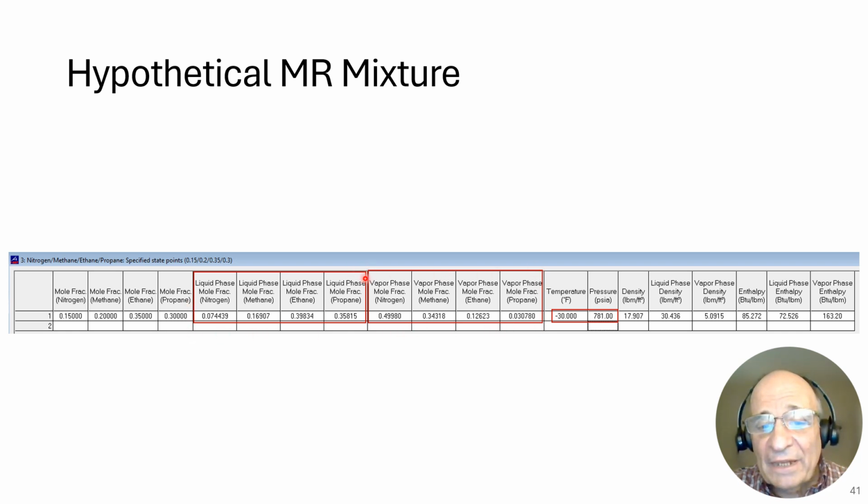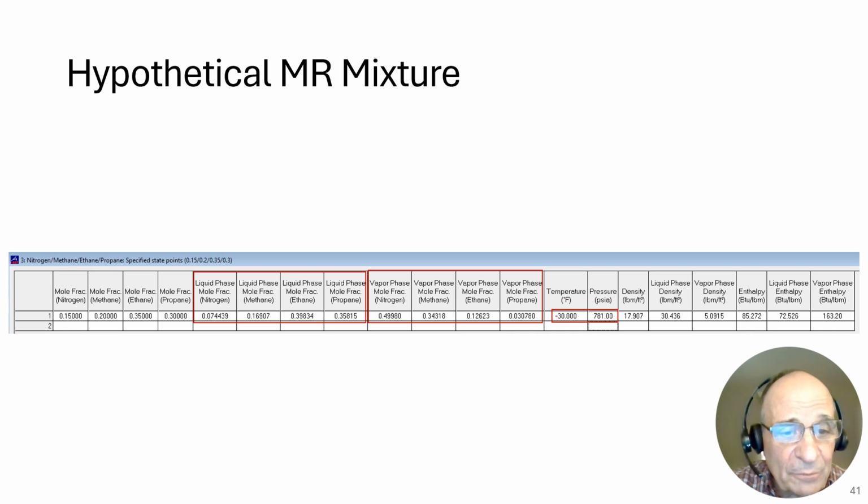And what would we expect? In the vapor phase, we'd expect a higher percentage of the more volatile components. What are the more volatile components? The nitrogen and the methane. And in the liquid phase, we'd expect a higher percentage of the less volatile components, such as the ethane and the propane. Well, let's take a look.